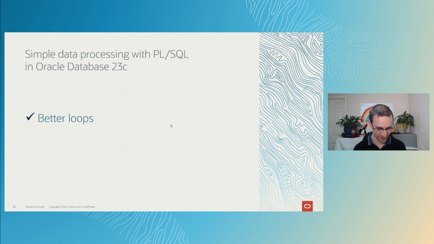Probably the thing that will interest many of you, we can use things like qualified expressions for better array initializations, particularly when it's coming from queries, and SQL macros, particularly scalar macros, resolve that maintenance, reuse versus performance dilemma. Finally, overall, there's just lots of little things, which means we can write less code, which means it's easier, less for you to do, and makes your code easier to reason about.